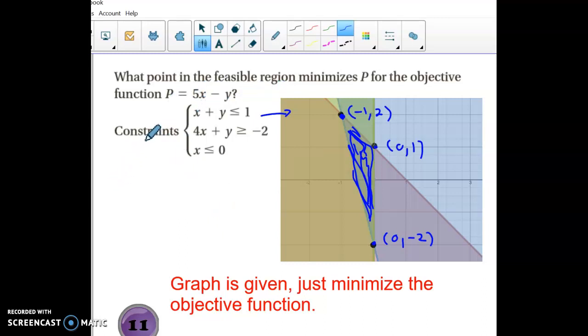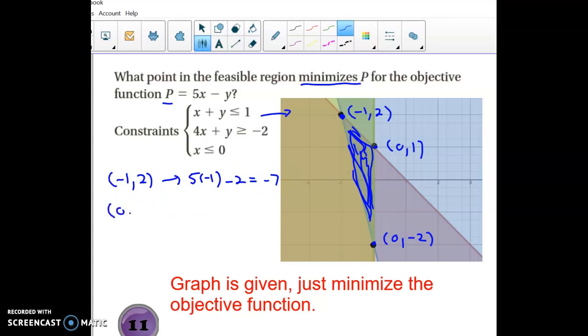So from here, we're just going to plug in each xy pair and figure out what gives the, let's see, we want minimal profit. I don't know why I want minimal profit. Maybe it's something else. But at any rate, we're going to do the minimum for p. So plug it in. So this is 5 times -1 minus 2. That would be -7.